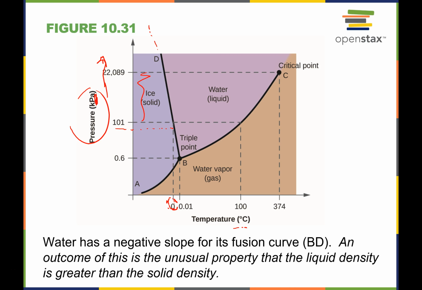But if we increase the pressure, what's going to happen to our solid water? It's going to liquefy. Yeah, our solid water will liquefy because of this negative slope if we increase pressure. And the coolest thing, I don't know if you're into ice skating. I'm not an ice skater, but it's beautiful to watch.